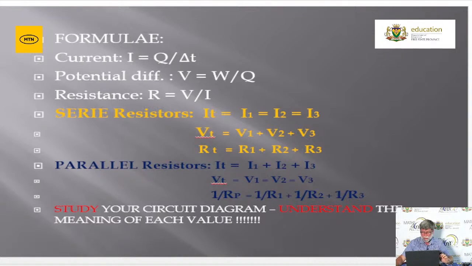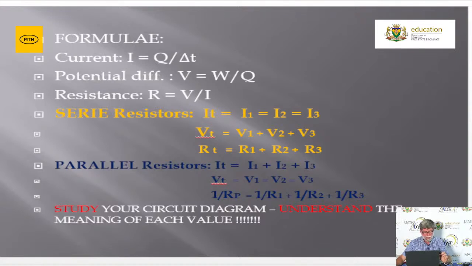It's not on the data sheet, but remember that the product over sum formula only applies for 2 resistors in parallel. You can't use it for more than 2 resistors in parallel. Now remember, if we are working with parallel circuits, the addition of parallel resistors always decreases the total resistance.